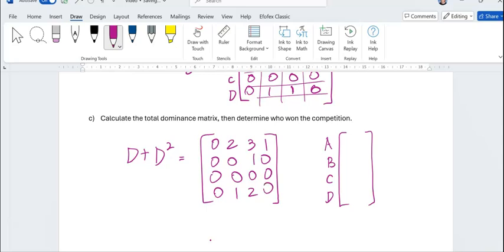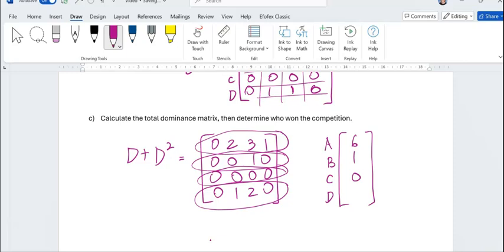I can then create my little total vector to see who's got the highest score, by calculating, again, the same as we do with the communication matrix, the total dominance score. For example, A would have a total dominance score of 6, B has 1, C has 0, D has 3. When I've got the total dominance scores, I can rank in order.